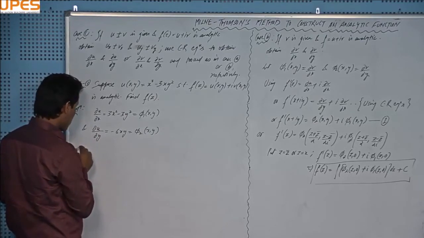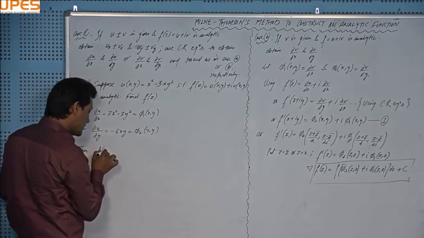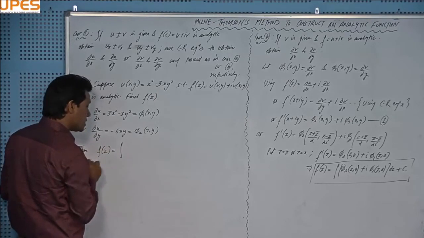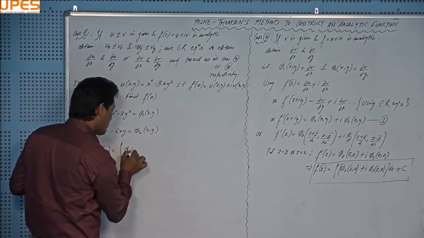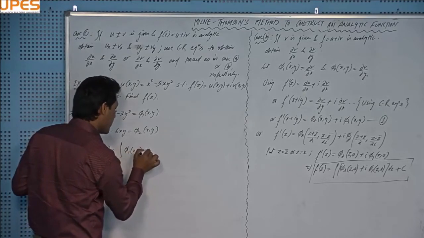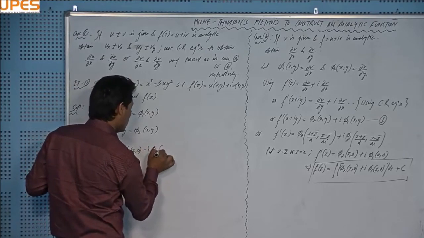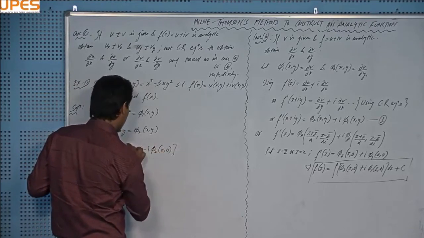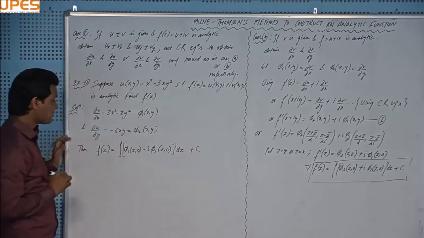What was that formula? Using Milne Thomson's method, the formula for this case was integration of del u over del x, that is phi 1 z comma 0, minus iota times phi 2 z comma 0, and here we had dz and constant of integration c, right?